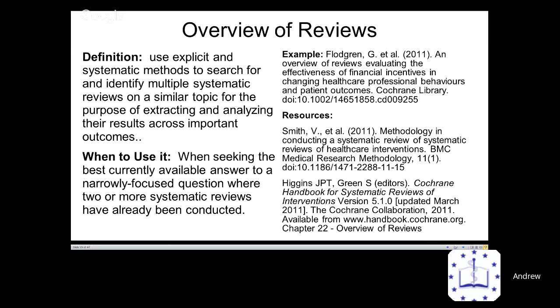There's a very good article by Smith, 2011, on how to conduct an overview of reviews. And I'm currently looking through the current draft of the update to the Cochrane Handbook. So the version that you have is available in the Cochrane Handbook, but the chapter on overview of reviews is currently being revised for the next version, and I was reading it only last week.